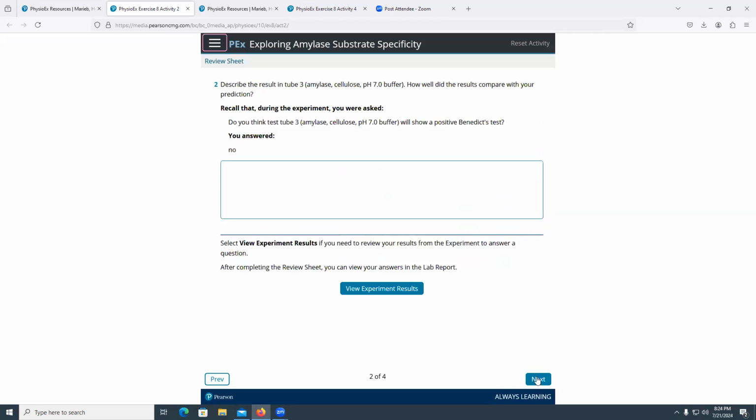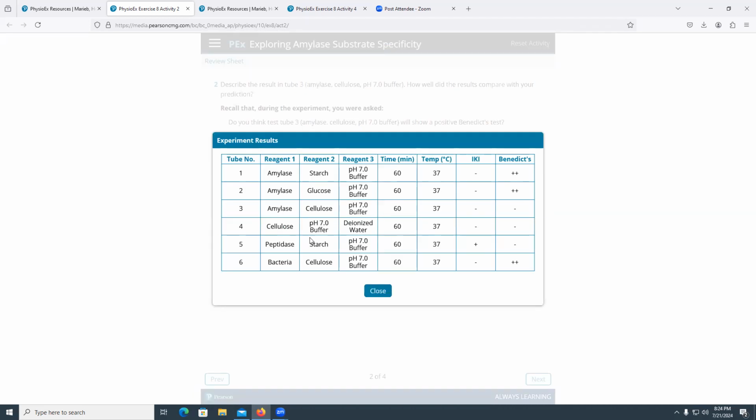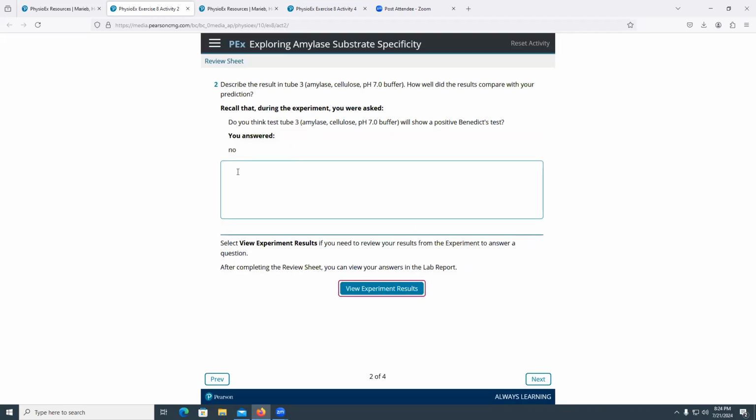Describe the result in test tube 3, amylase, cellulose, and pH 7 buffer. How well did the results compare with your prediction? So amylase and cellulose, I'm supposed to get nothing, because cellulose is only broken down by cellulase.